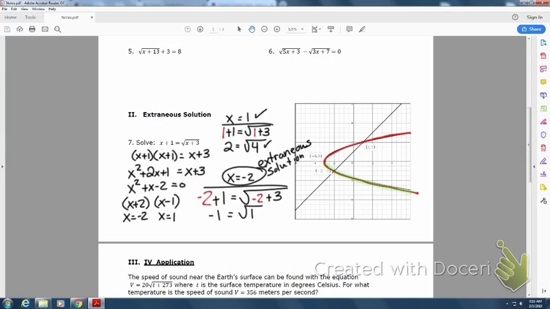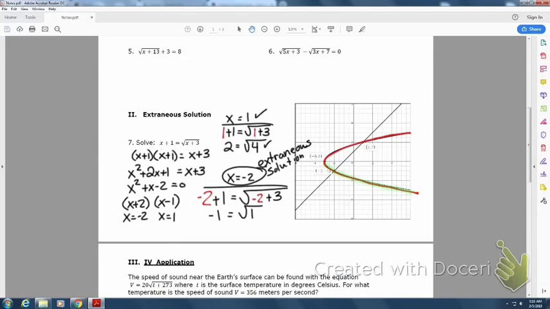So if you're able to graph it, a lot of times you'll be able to see, if you graph this in y1 and this in y2, the x value where they cross. And if you've already factored this, that could tell you that the other one is your extraneous and you wouldn't have to do this part. That's another way to do it. Sometimes I think just plugging it in and finding it is a little bit easier.